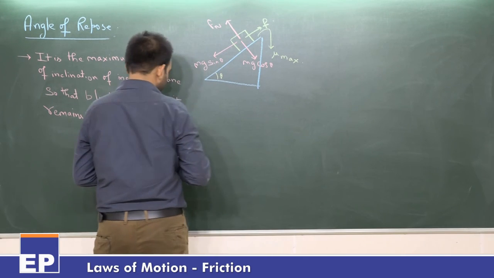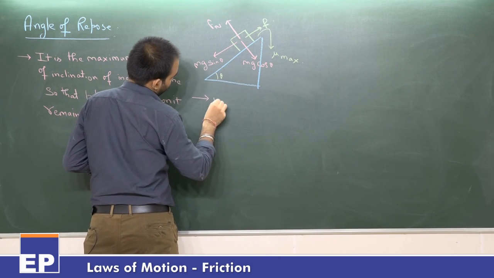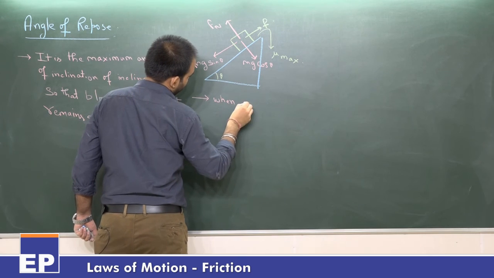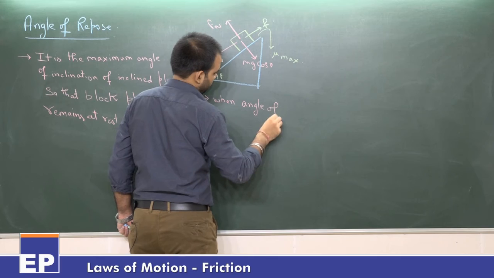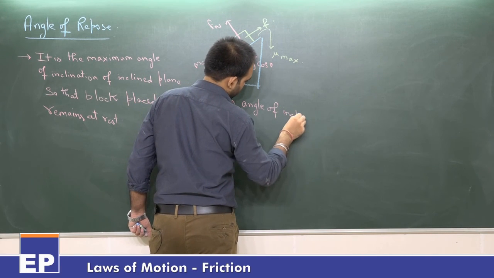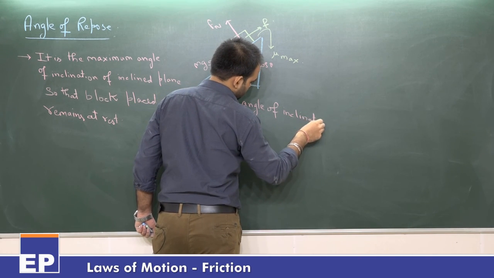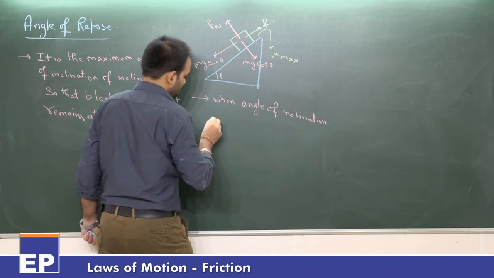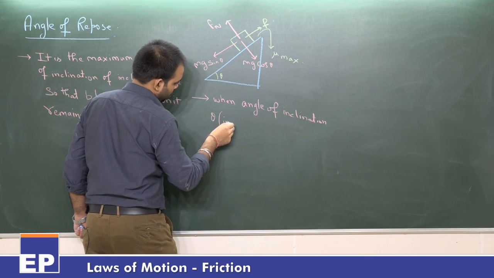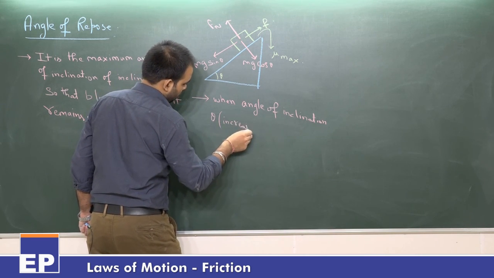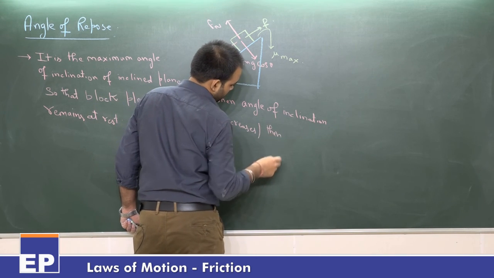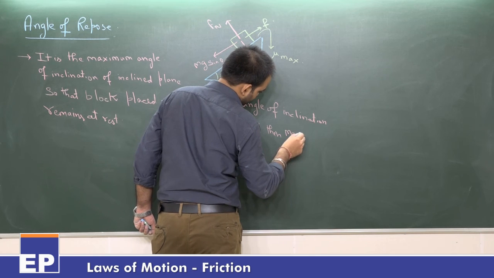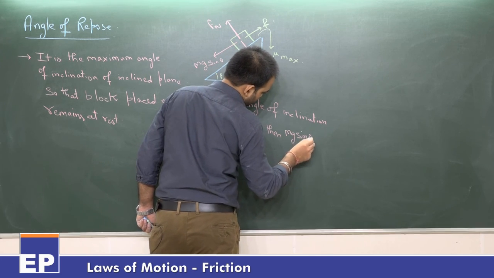When angle of inclination theta increases, then mg sin theta increases.